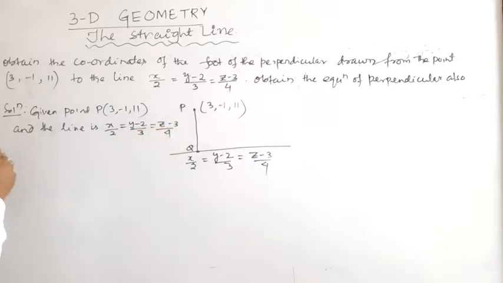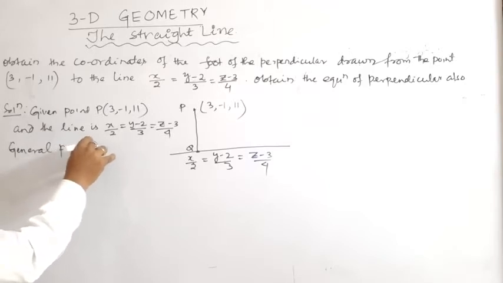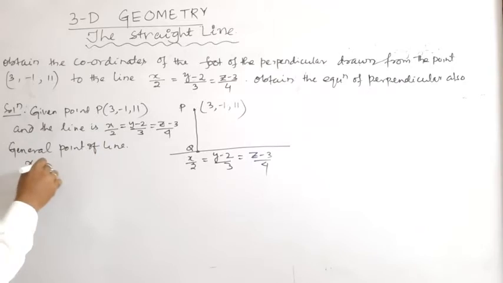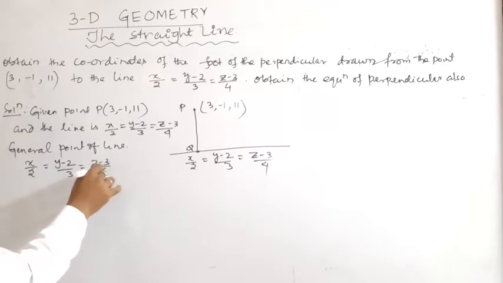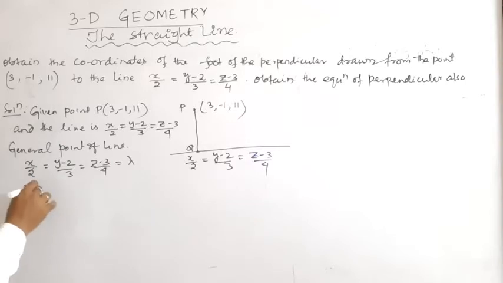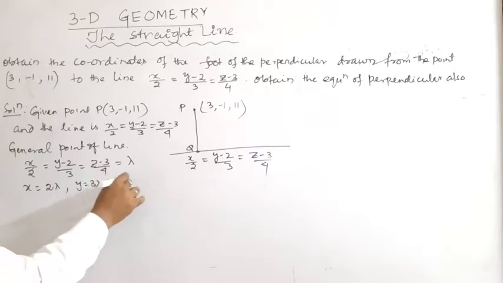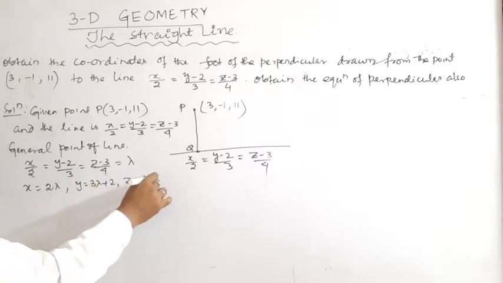To find the general point of the line, let x/2 = (y-2)/3 = (z-3)/4 = lambda. So x = 2 lambda, y = 3 lambda + 2, z = 4 lambda + 3.